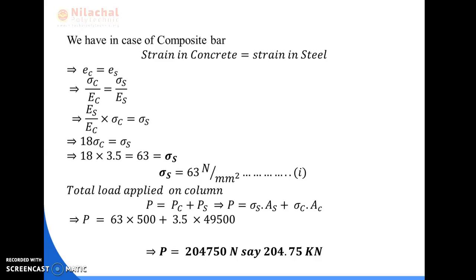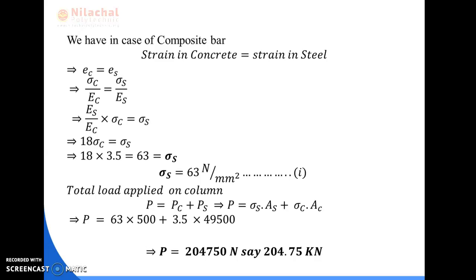And the total load applied upon the column, according to our question the safe load, meaning the load that can be applied upon the column without its failure, is P equal to the total load carried by the steel and the concrete, that is PC plus PS. So P is equal to sigma S into AS plus sigma C into AC.